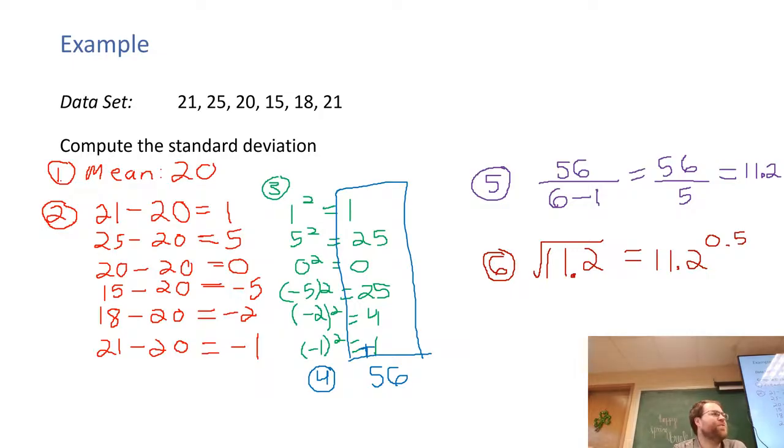And that would be the same as square rooting it. What number do you get? 3.35. It's just going to be the value of the standard deviation.